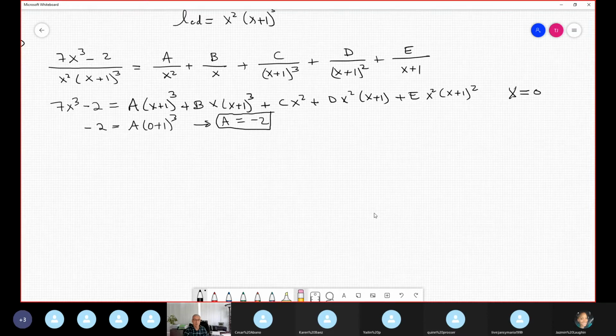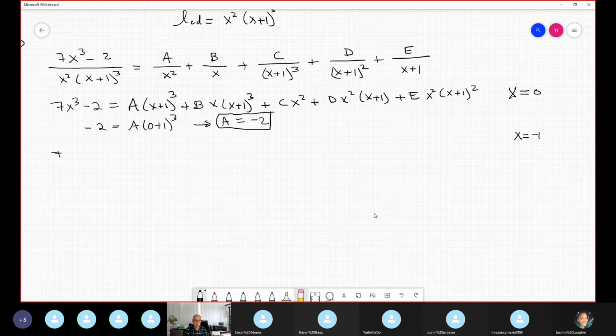Okay, good. Another smart value is -1, because when you plug in -1, the other terms are 0. The only one that can stay alive is C. It's different because of the -1 here.